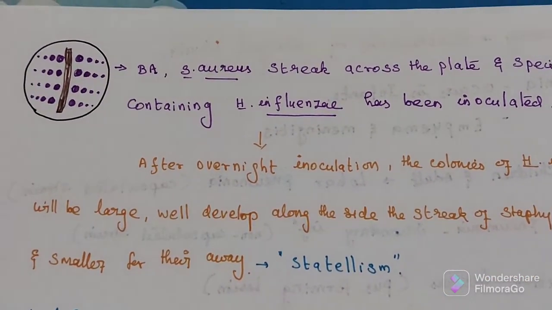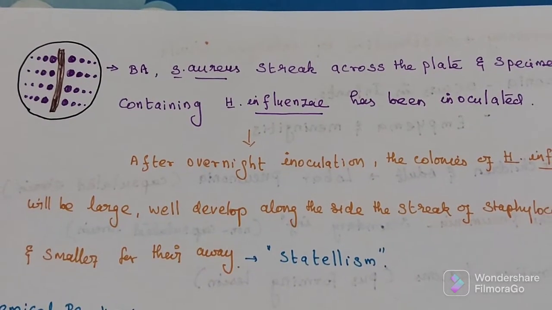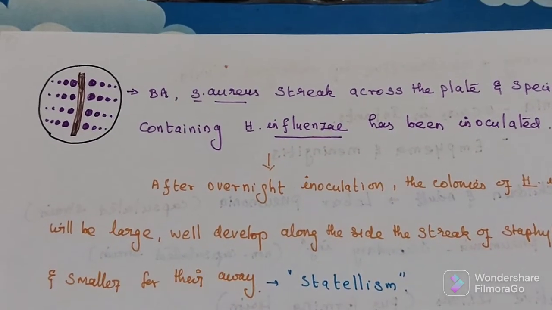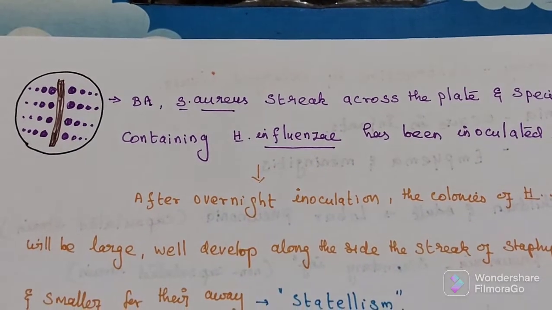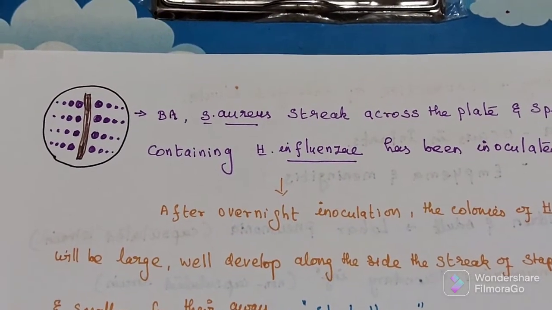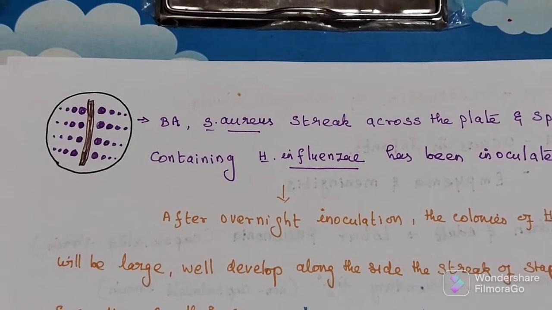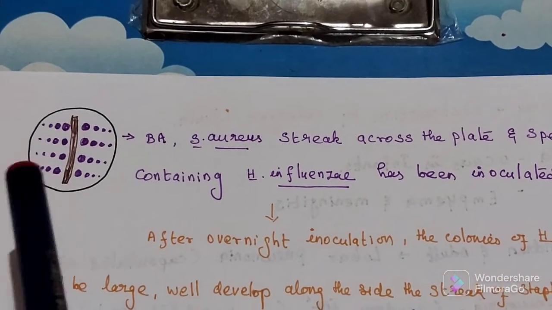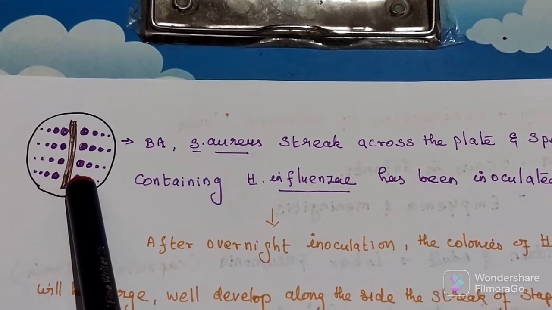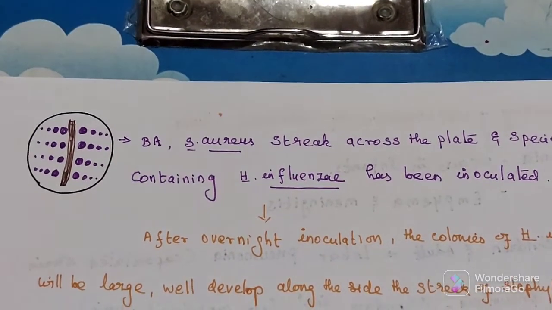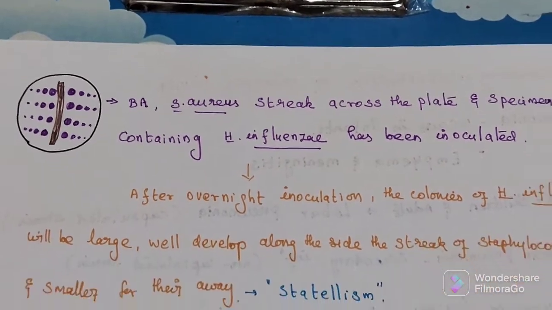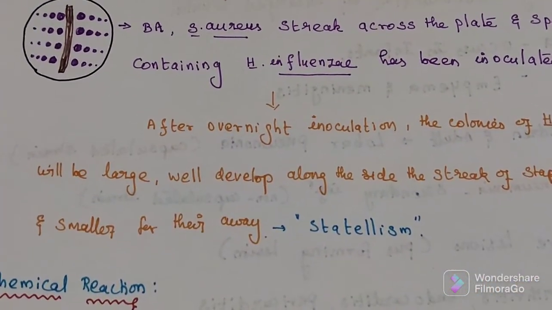After overnight incubation, the colonies of Haemophilus influenzae are large and well developed along the side of the Staphylococcus streak. Here is Staphylococcus, here larger colonies, then smaller colonies farther away. This phenomenon is called satellitism.